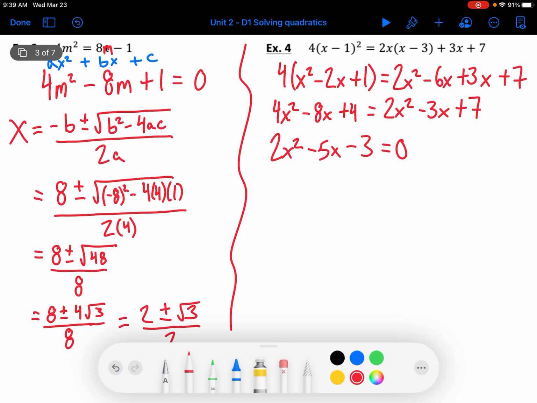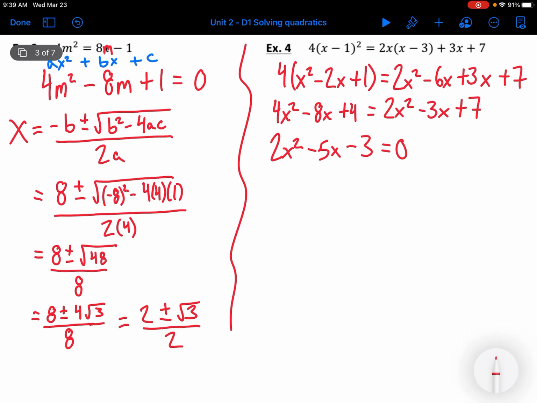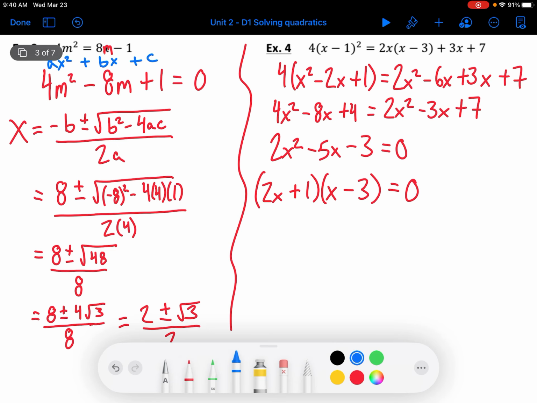It should be minus 5x, and that'll actually make this way easier. So now we can actually factor this. We get 2x plus 1 and x minus 3 equals 0. Again, we can check if we want to by doing 2 times negative 3 is negative 6, plus 1 would give me negative 5. So then I know I'm right.